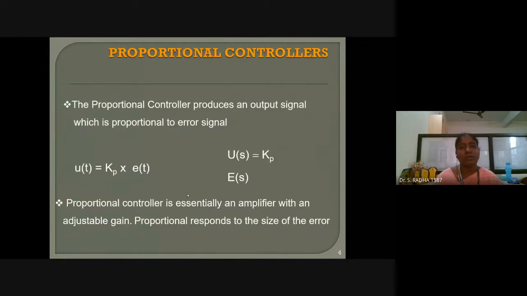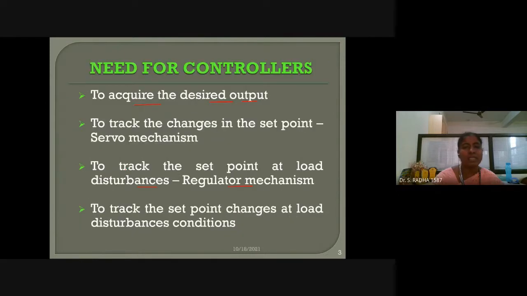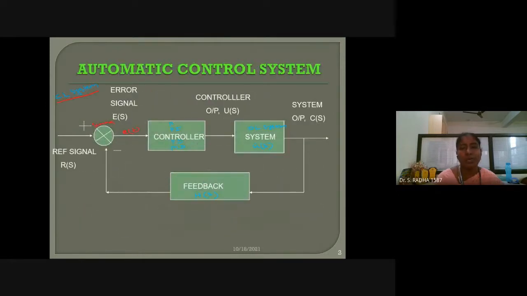Now this is about the proportional controller, P controller. Here you can see Kp is the proportional constant. So output is nothing but proportional constant into error signal. In this diagram, if we are using P controller, the output after the controller is U of S. There we will have E of t and the proportional constant Kp.